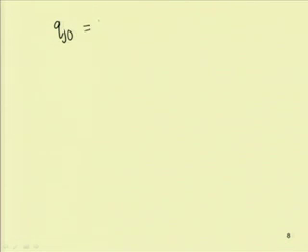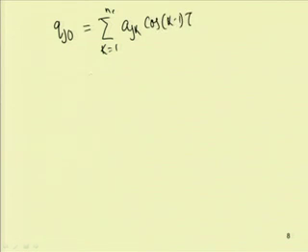It is the sum over k equal to 1 to n c of cosine terms, where n c represents the number of cosine terms, a j k cos (k minus 1) tau, plus, similarly, the sum over k equal to 1 to n s, where n s represents the number of sine terms we are considering, b j k sin k tau.